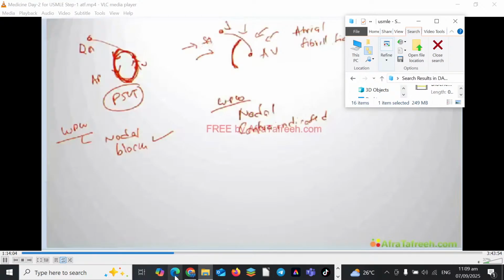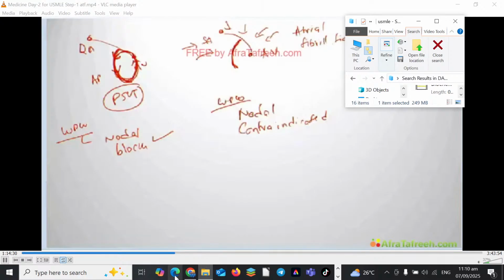Okay. So in PSVT, there is overactivation of this circuit. This circuit comprises the AP, the accessory pathway, and the atrioventricular node, the AV node. So to stop PSVT, you stop the AV node. It's like there is a gang of two people.